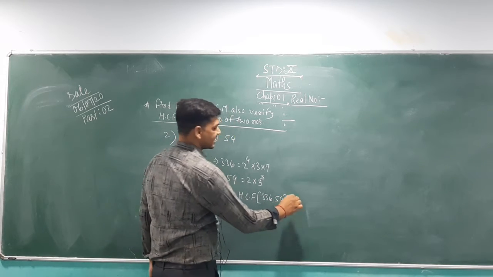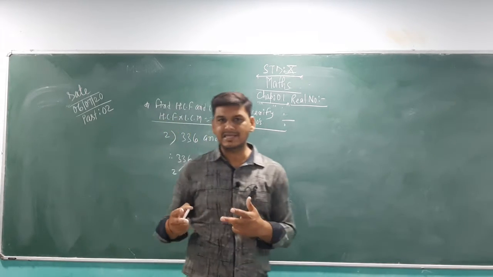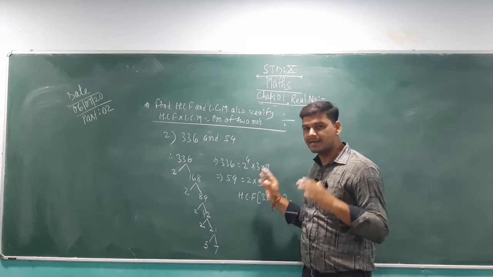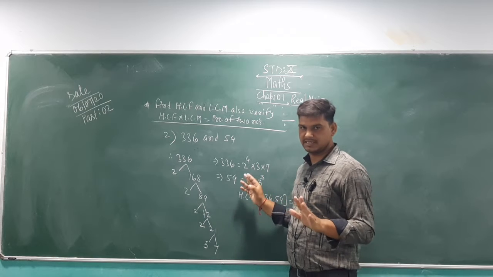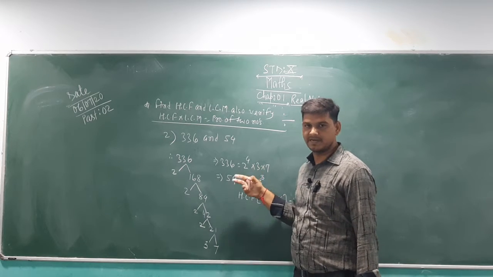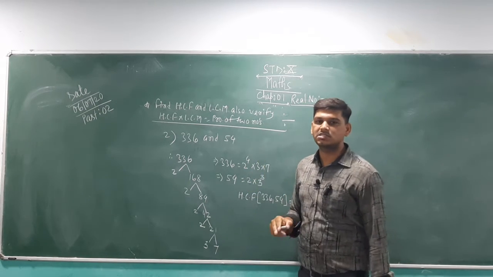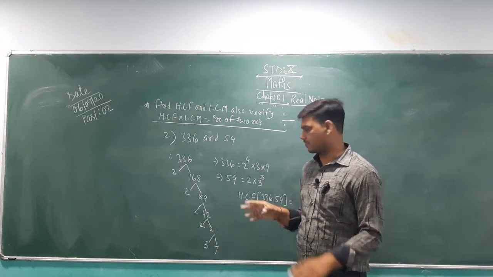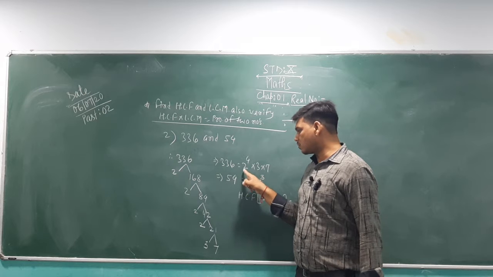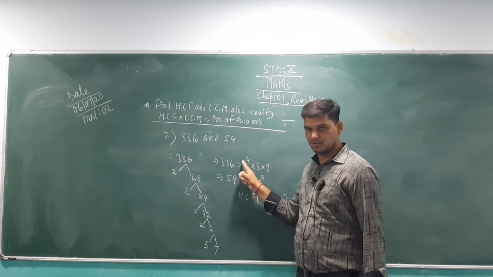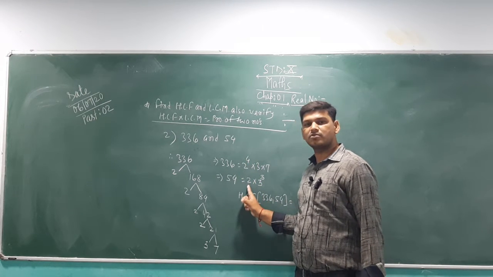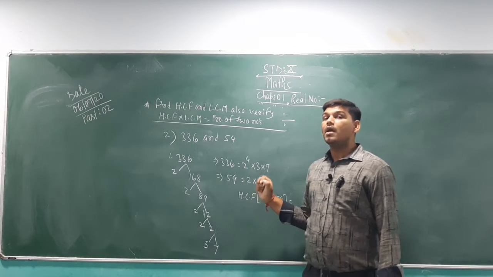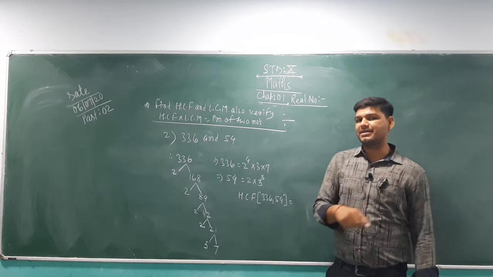When you write the HCF between the two numbers, we first have to check which numbers are common in the two numbers, and among the common numbers, the one having the least power is written as the HCF. For example, 2 is the common number in both 336 and 54, 2 and 2 in both numbers. But the one having the least power will be taken as the HCF.